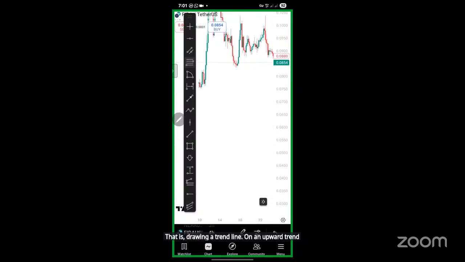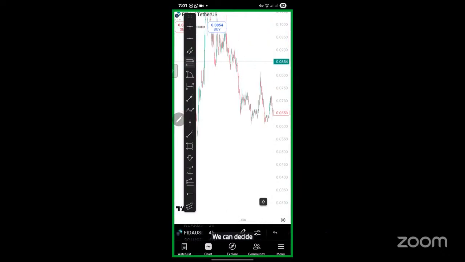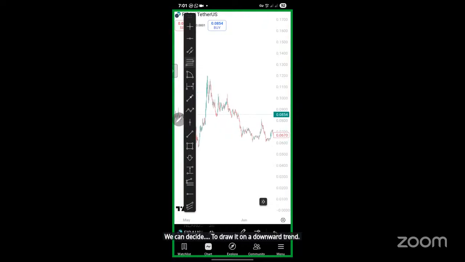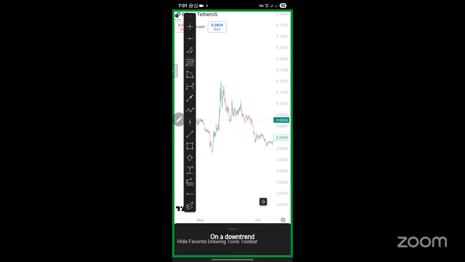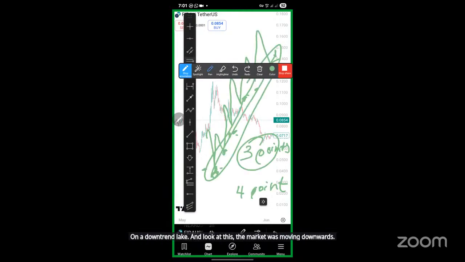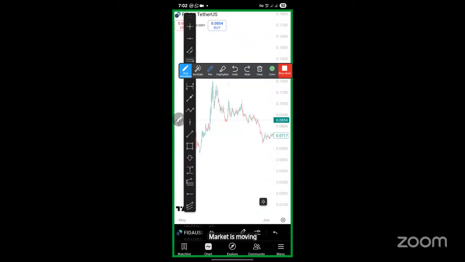At the same time, we can decide to draw it on a downward trend. When you look at this, the market was moving downwards, and this is the high. Market moves like this, goes here, moves here, goes here.